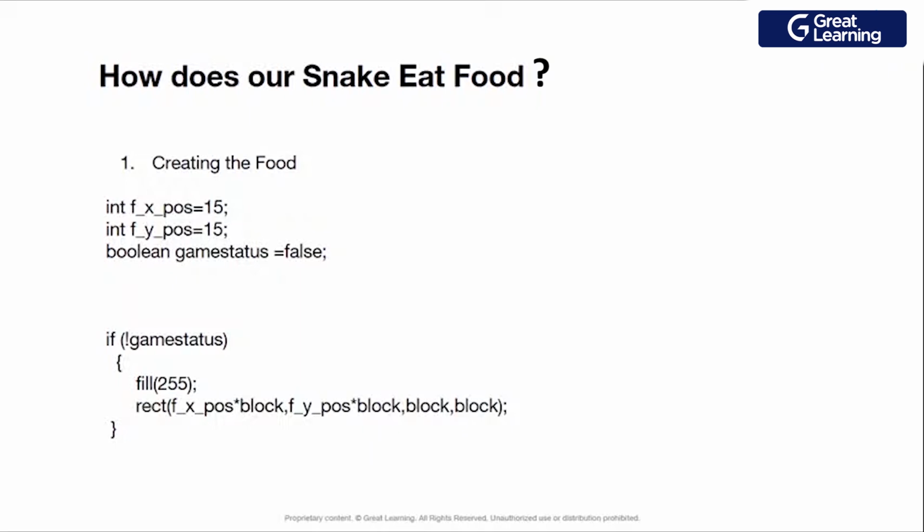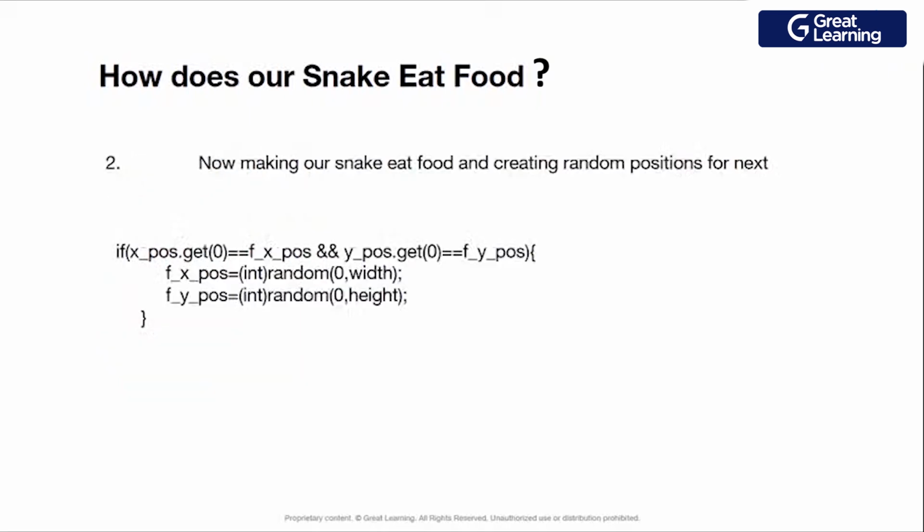Once we made this food for the snake, his size should also grow. Once he eats this thing, his size should increase. So we will check if the position of the snake and the position of the food are at the same location.